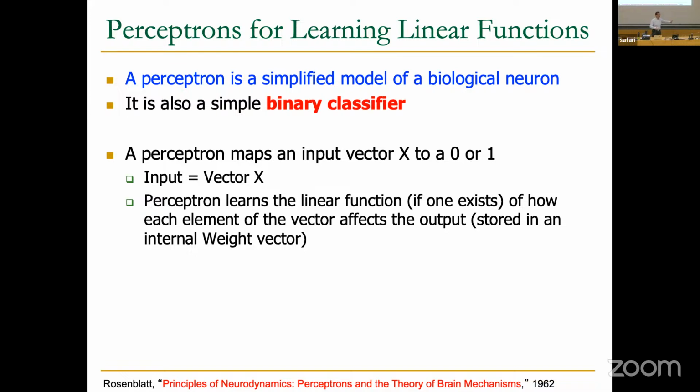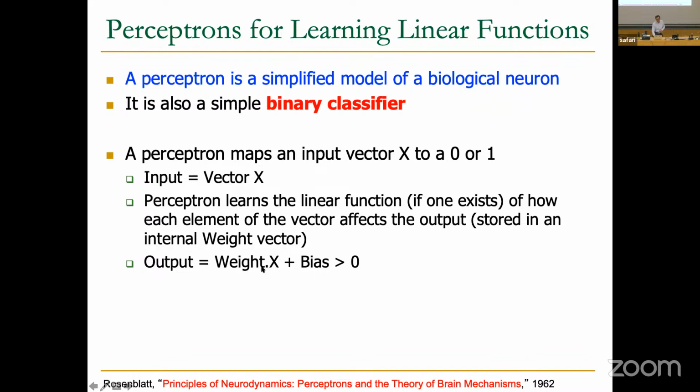Whether it will bias the output towards 0 or 1 depends on the weight associated with it. So output is calculated this way mathematically. Essentially, it's a statistical learning mechanism, just like all machine learning, if you will.